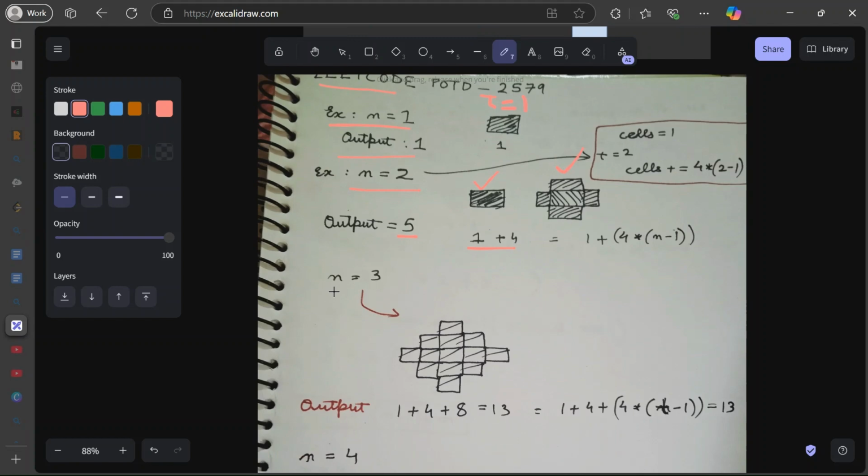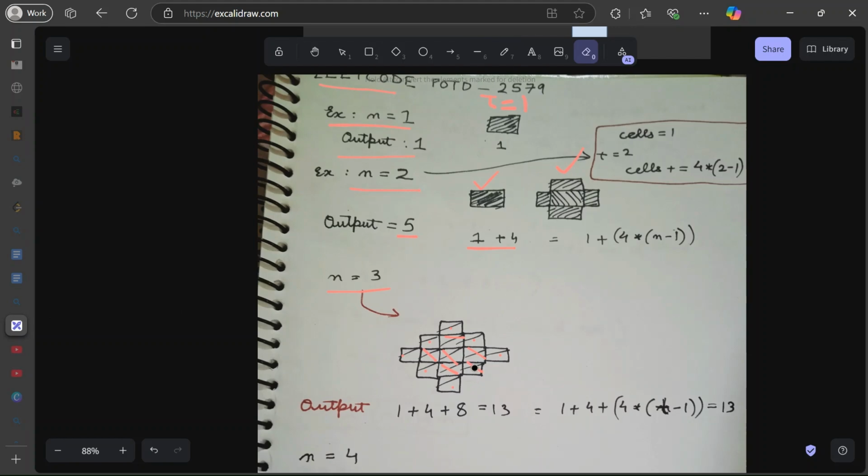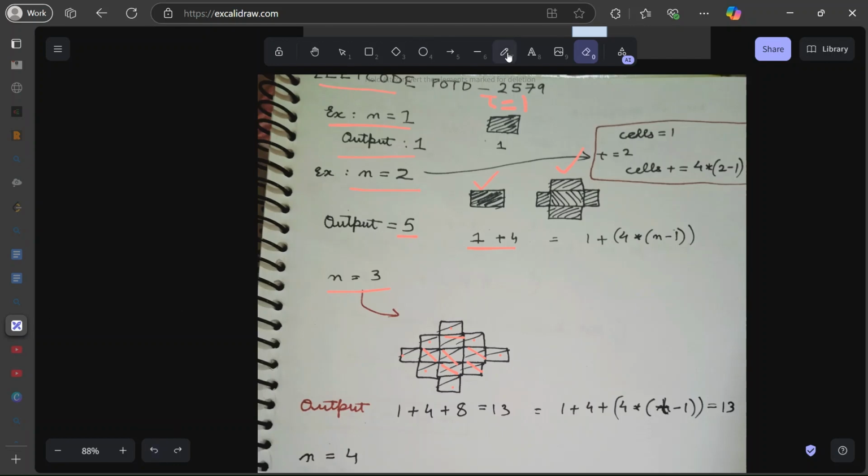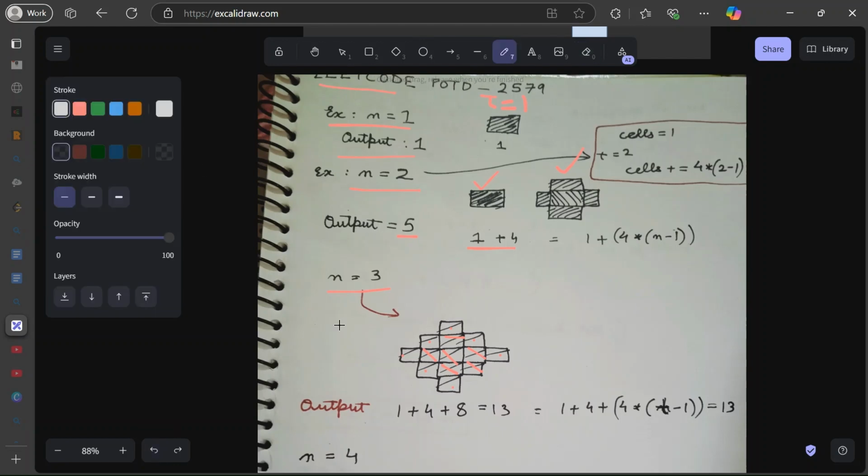Now for n equals to 3, this is the pre-existing block of cells. These 5. I would cover the surrounding cells with blue color too now. This one was not the previous color. So I would, okay, I would erase this one.